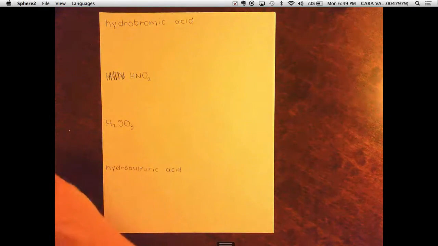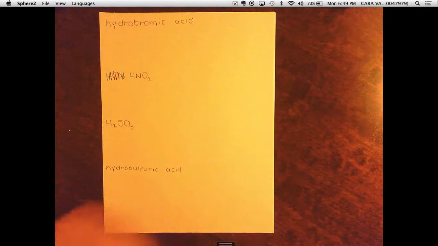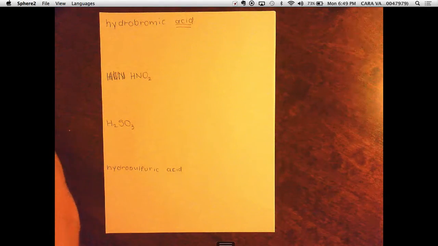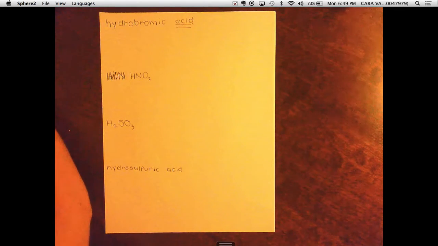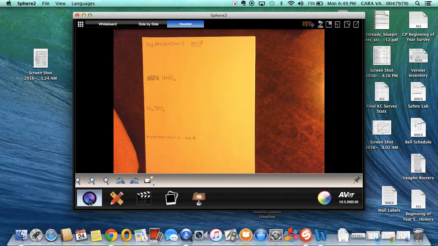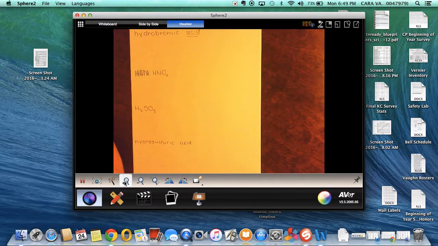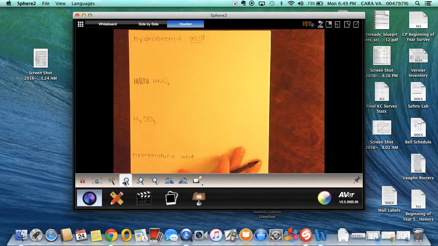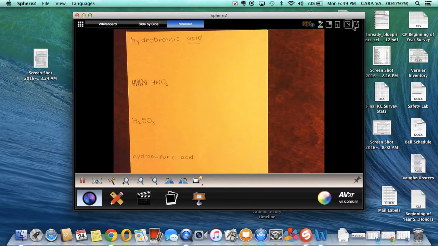In this one, you're given the name hydrobromic acid, and maybe we're asked to write the chemical formula. The key thing here is that you see it's an acid. Excuse me for just a second, I am going to try to zoom in just a little bit here. There we go, it's a little bit better.